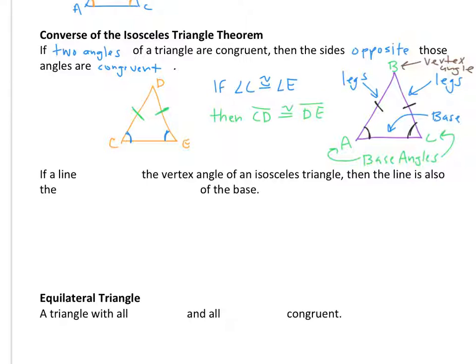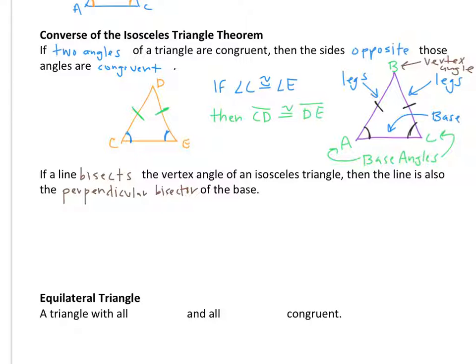All right, our next piece here is a little bit trickier. Let's talk through this one. This states that if a line bisects the vertex angle, again, that's that top angle of an isosceles triangle, then the line is also the perpendicular bisector of the base.